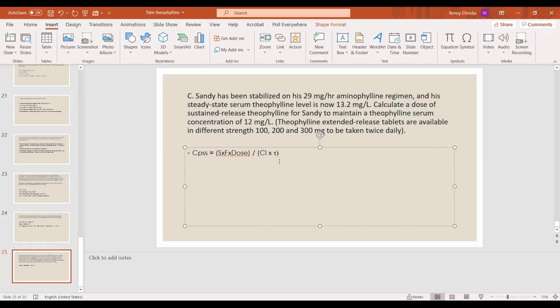So we don't use the clearance from the population now. The clearance of the patient is what? Clearance is S times F times dose, or if you want, you can use IR.